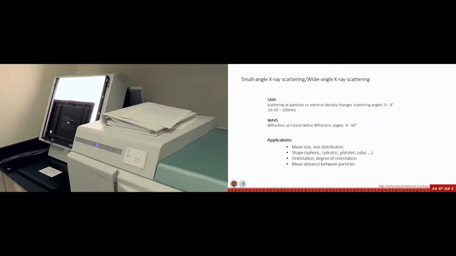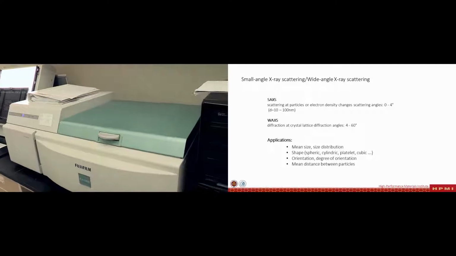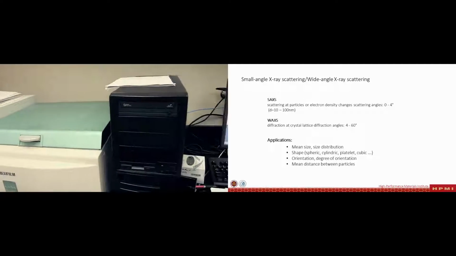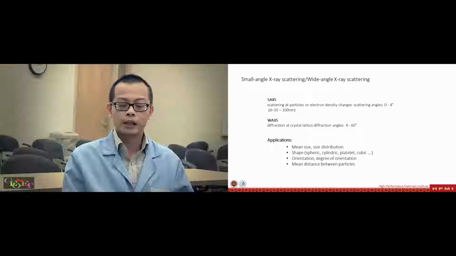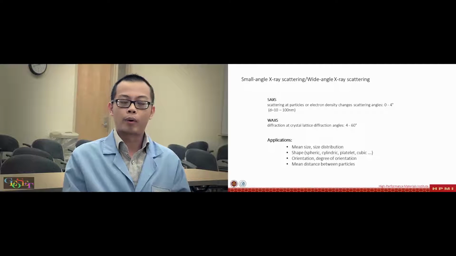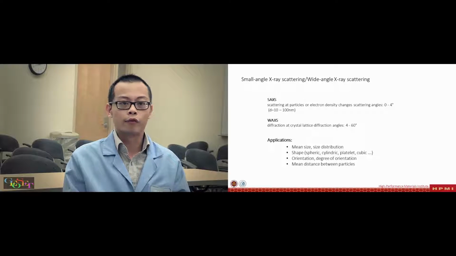For small angle scattering, it will learn the properties of the material with D spacing from 10 to 100 nanometer, at the particle level and the electron density of the particle. With wide angle X-ray scattering, the 2 theta angle is from 4 to 60 degrees.